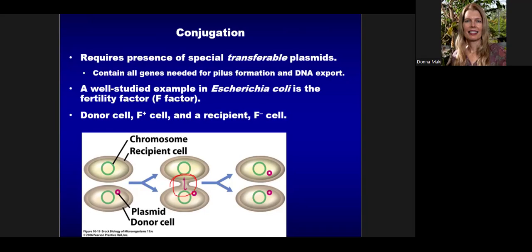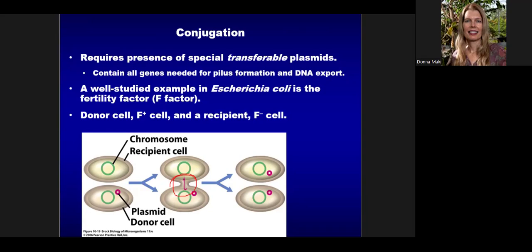If they have to pick a bacterium to see what's going to happen in the lab, they usually pick E. coli, but often Bacillus species too. E. coli is gram negative. Here you have a donor cell, which by convention we call the F plus cell because it's the one that has the plasmid. And the recipient cell is F minus, meaning it doesn't have the plasmid, not yet.